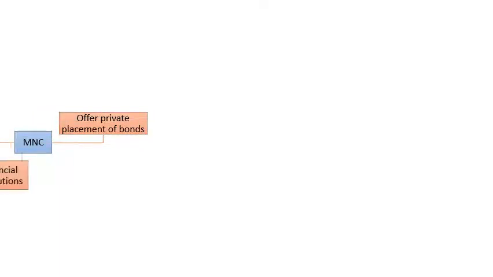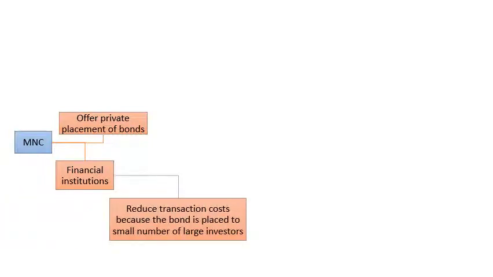The multinational corporation can offer bonds privately to a small number of financial institutions in the home country or in the foreign country where the multinational corporation is expanding. The main advantage of private placement is that it involves lower transaction costs because the bond is placed with a small number of large investors.